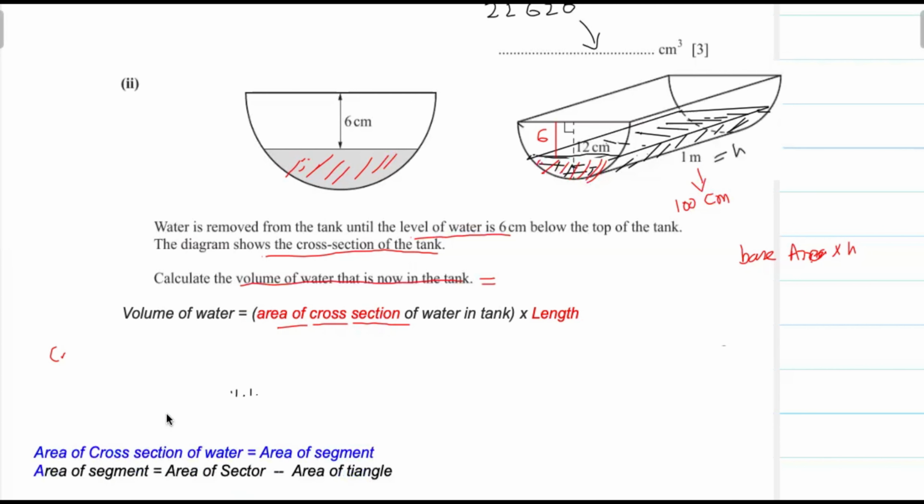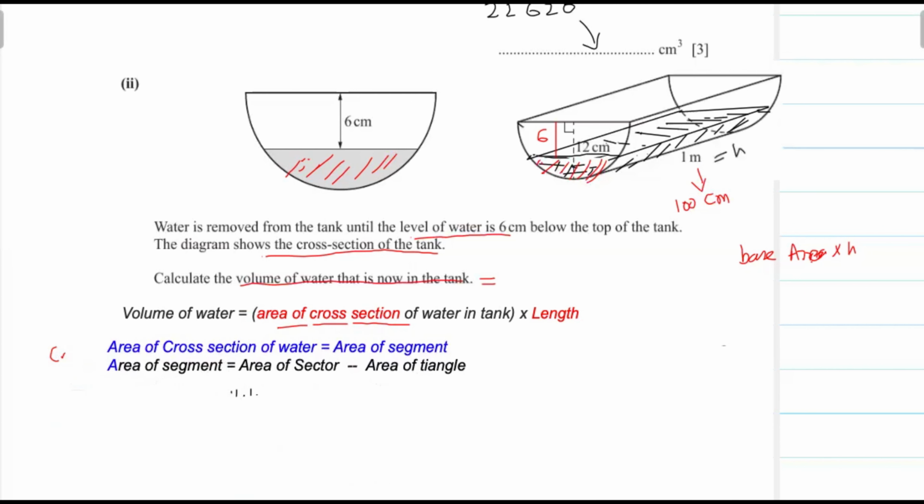Therefore, the area of the cross-section of water in the tank is equal to the area of the segment. And the area of a segment is the area of the sector minus the area of the triangle. Look here, this is the center, and if we draw radii here, there are two radii, and this is the triangle, which we name OAB.